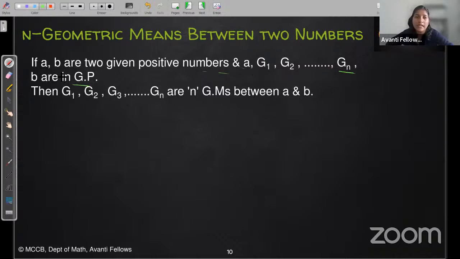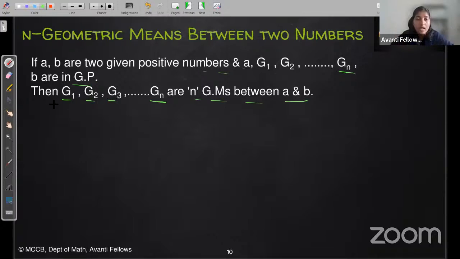These terms are in GP, then this G1, G2, G3, so on up to Gn, these are known as n geometric means between A and B, okay? Now how to find these G1, G2, G3 values? When the first term and the last term are given to us, when A and B are given to us, how can we compute that? So let's see that. So these are the n geometric means between A and B.